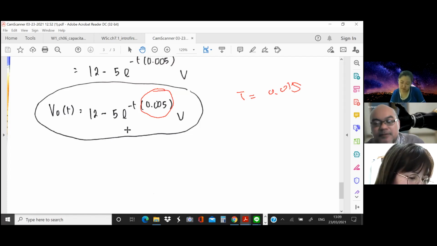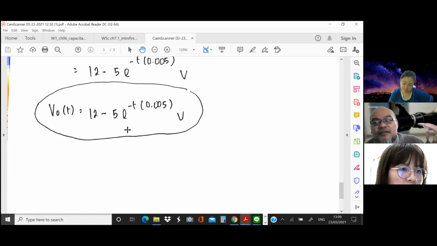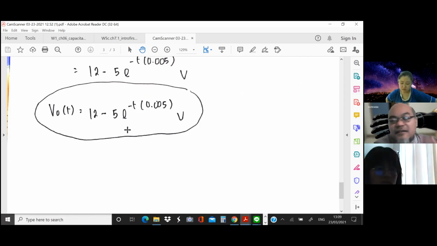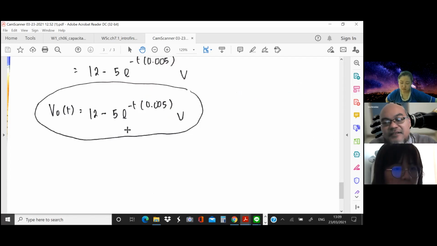Please also follow the appropriate steps. Do not immediately write tau equals RC, R equivalent times C. You have to first express the circuit equation in terms of a differential equation in the standard form, tau dx/dt plus x equals f.